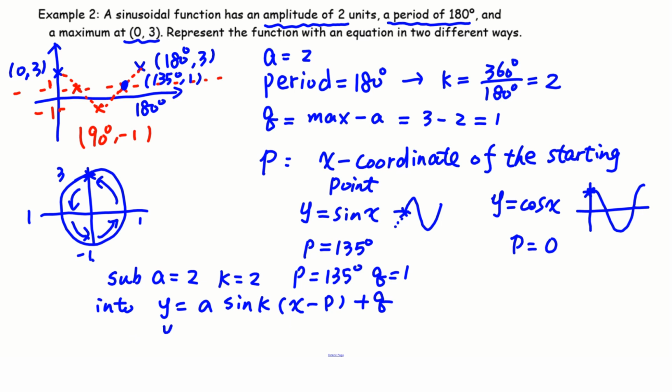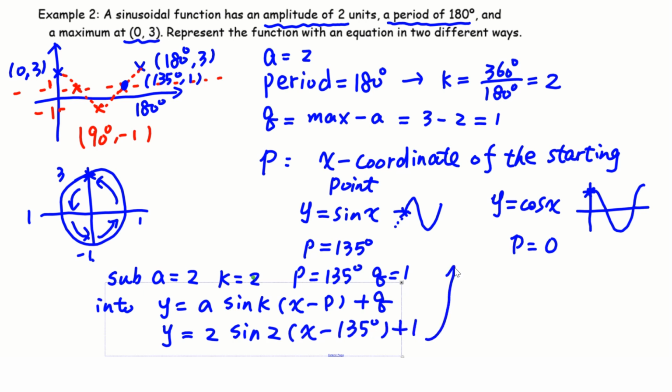Then we have y equals 2 sine 2 bracket x minus 135, then plus 1. This is one form, for y equals sine x.